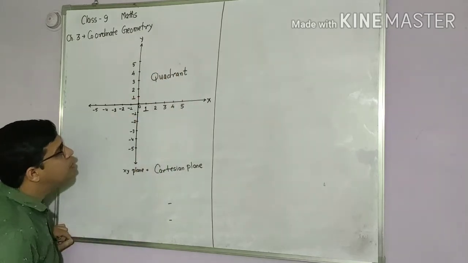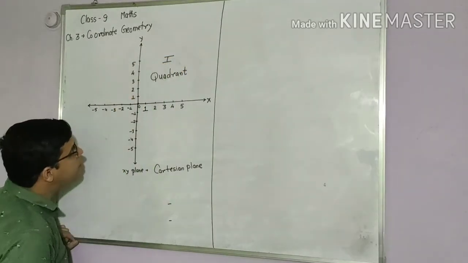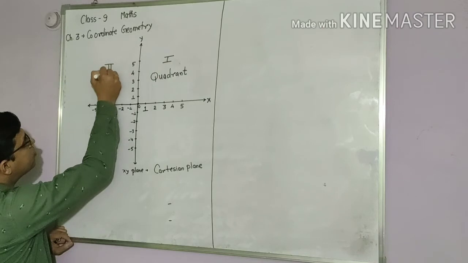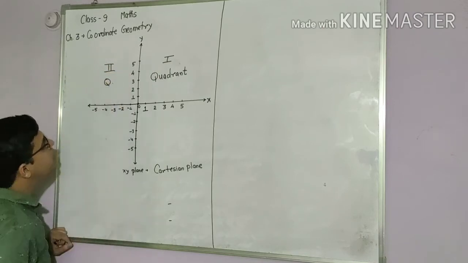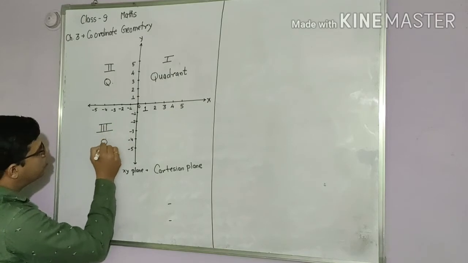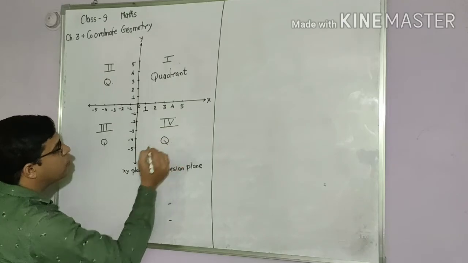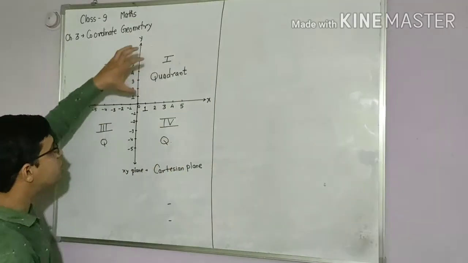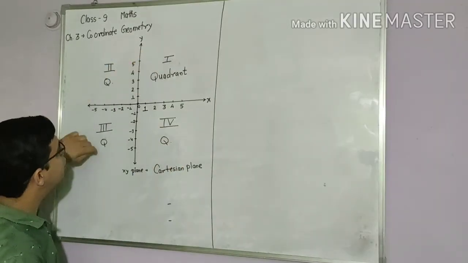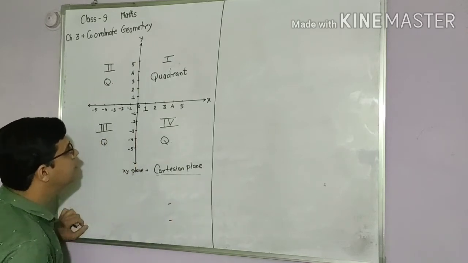This is our first quadrant. This is our second quadrant. This is third quadrant, and this is fourth quadrant. There are total 4 quadrants in one Cartesian plane.